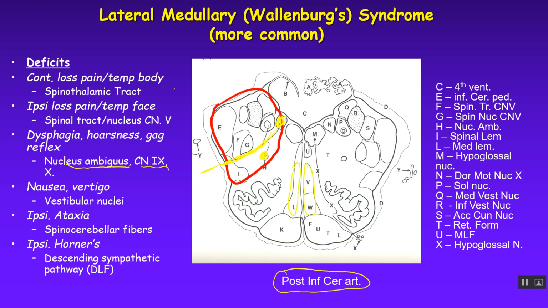Because you also affect some of the vestibular nuclei, really Q and R right here, the two vestibular nuclei that you're affecting on this side, you're going to possibly have some nausea, vertigo, and dizziness, because that's where some of your vestibular information from your inner ear is going.